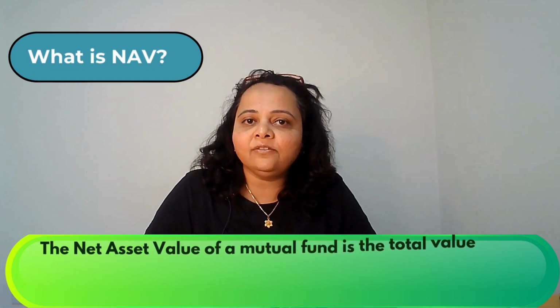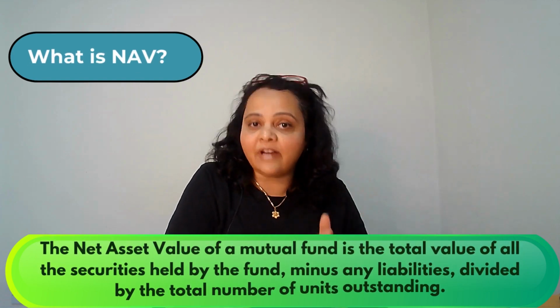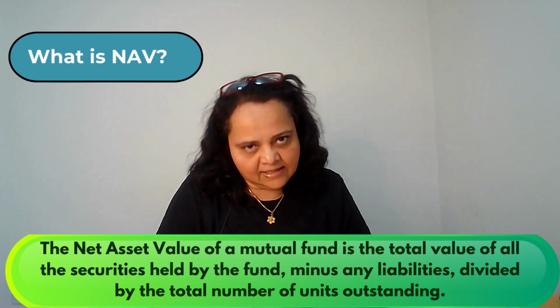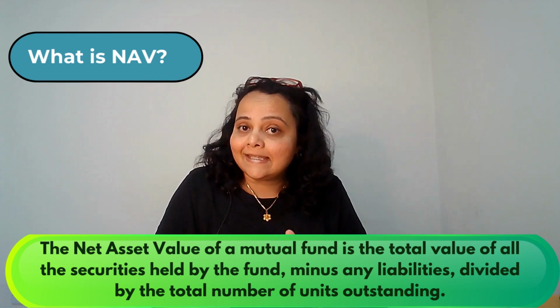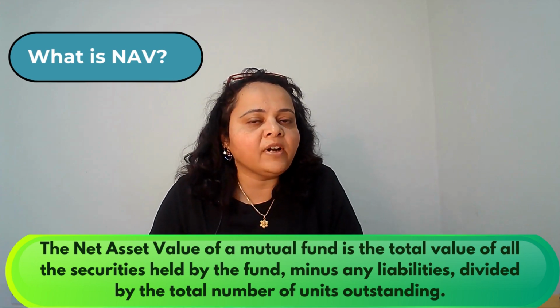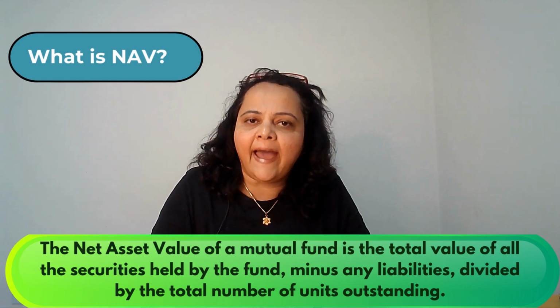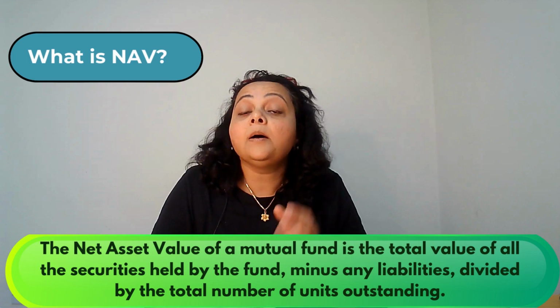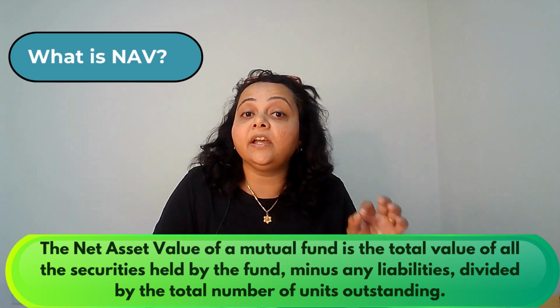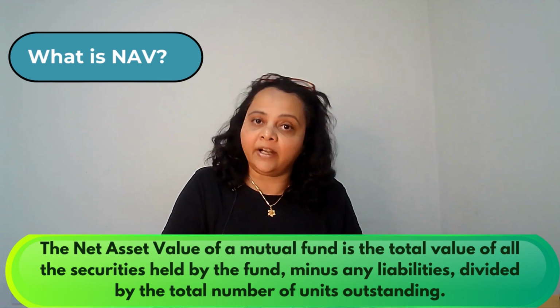Now, as the name suggests, the full form of NAV is net asset value. What this means is the total assets held by a mutual fund scheme minus any liabilities that it has, divided by the number of outstanding units of a mutual fund. Correct?